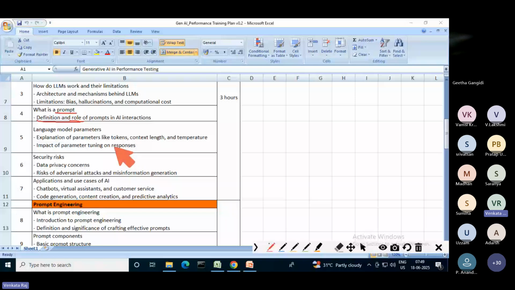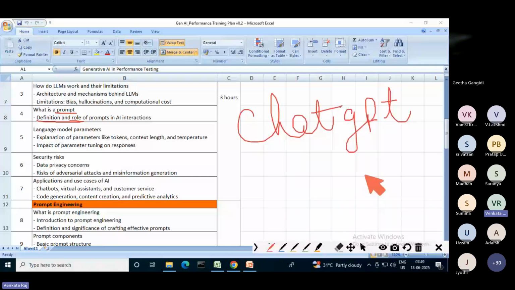Let me give you an example, guys. All of you know about AI models, or the products, right? Have all of you heard of ChatGPT? Yes, very good. Anyone else? Meta AI.